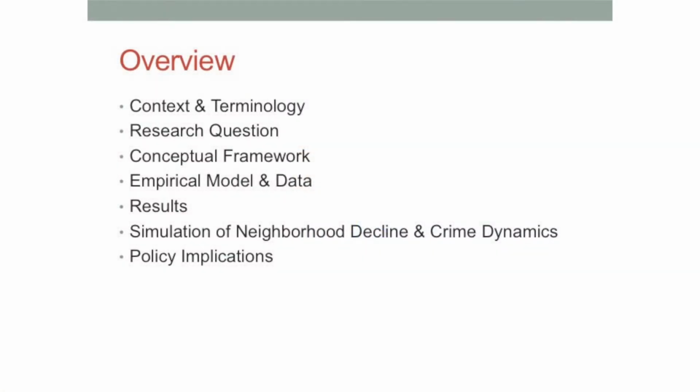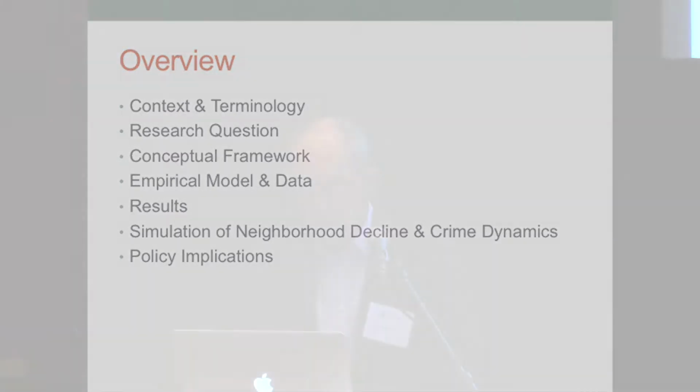Then I'll talk about our application of a piece of this model using data from my hometown, Detroit, Michigan, highlight some of the key results, show how our results tell us something about the process of neighborhood decline, which unfortunately Detroit knows much about, and how that relates to the safety of the neighborhoods as they decline. And last but not least, to talk about the policy implications of these findings.